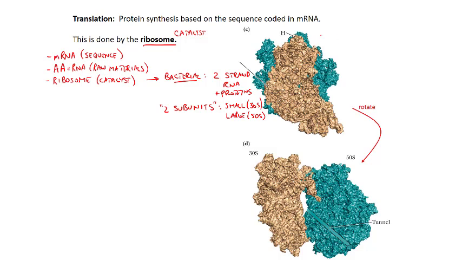This diagram shows a side view of the bacterial ribosome. The 30S subunit is in tan and the 50S subunit is in aqua. If you rotate it, you get this diagram that we see here, and you'll notice that there's a hole running down the middle.